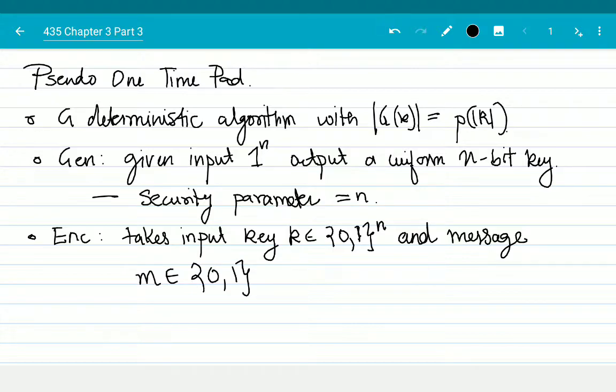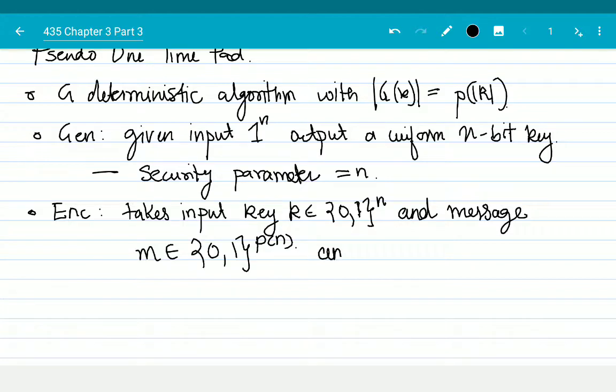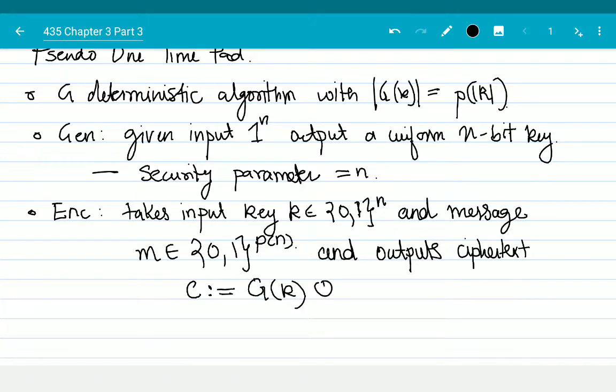We don't want it in n, we want it in p of n. And it outputs the ciphertext c, which is equal to G of k XOR m.